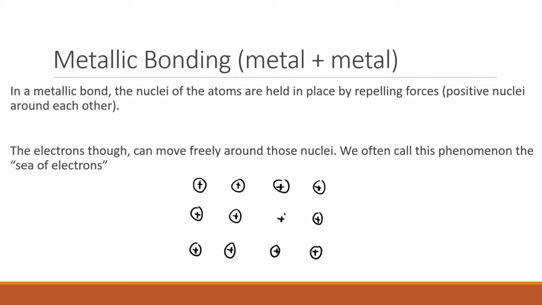Now that is going to force this nucleus to stay exactly where it is. If this nucleus moves this way, it gets repelled by the other positive nucleus. This way, repelled by the other positive nucleus. This way, repelled by the other positive nucleus.